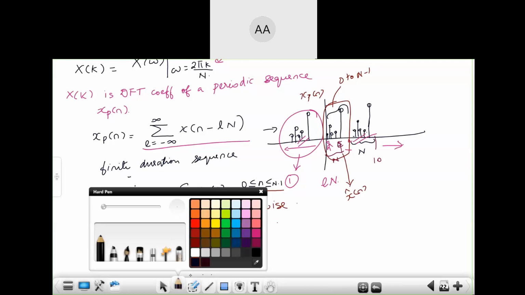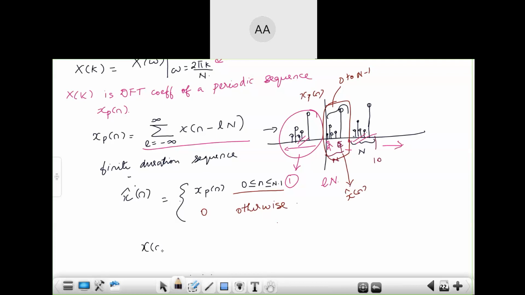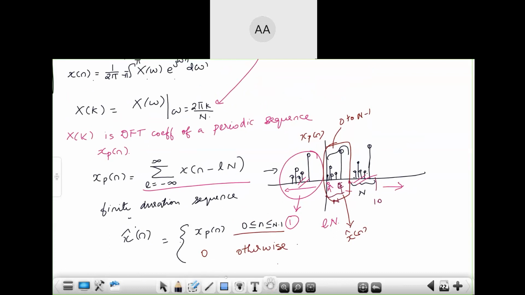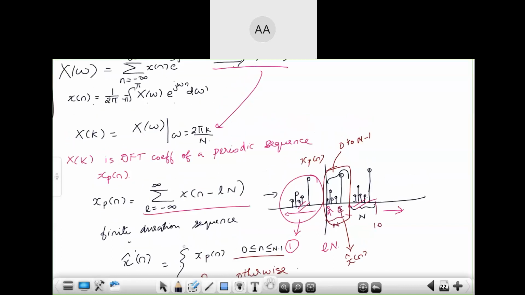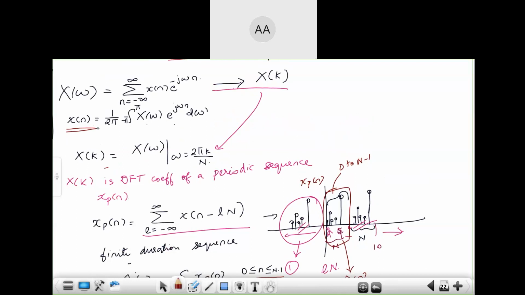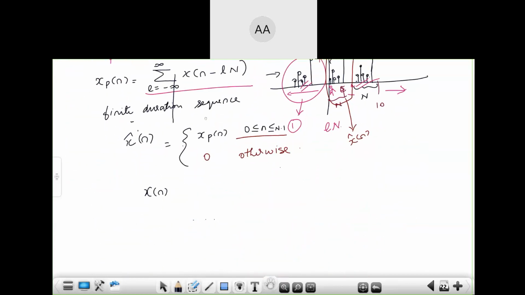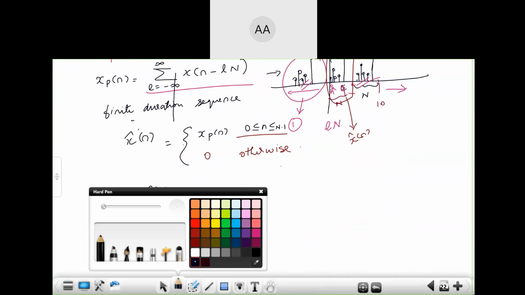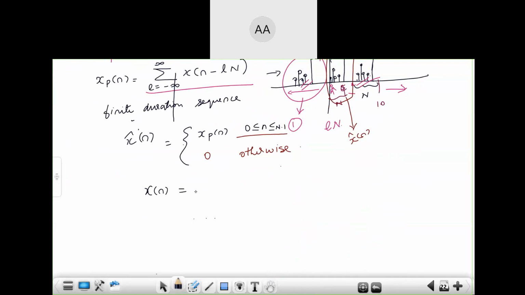So you can also write x of n, the original signal that you are taking into consideration for calculating this. How can you write that signal in terms of x hat of n? You can say that signal x of n is the same as x hat of n.